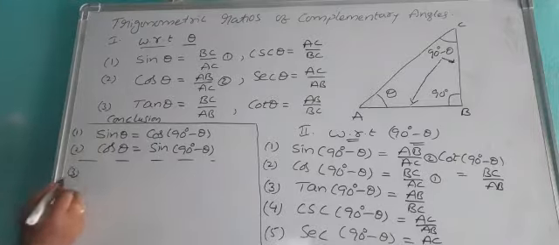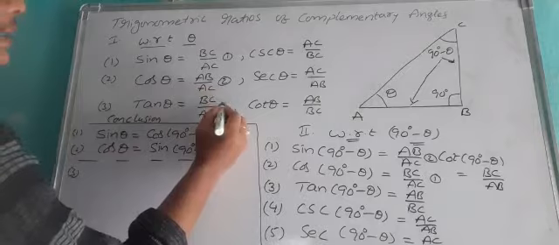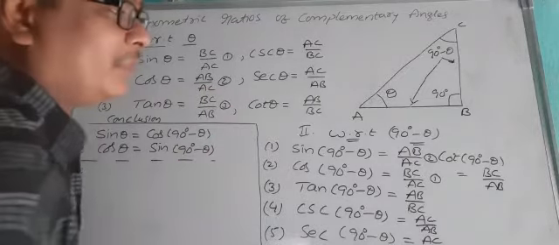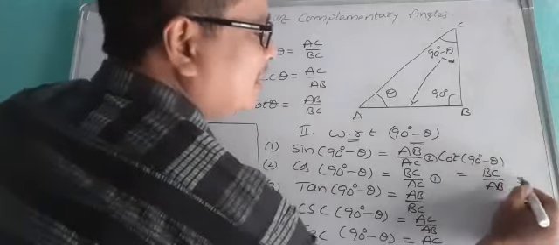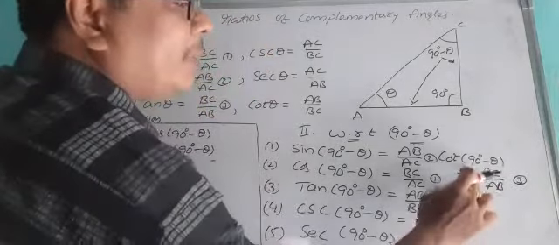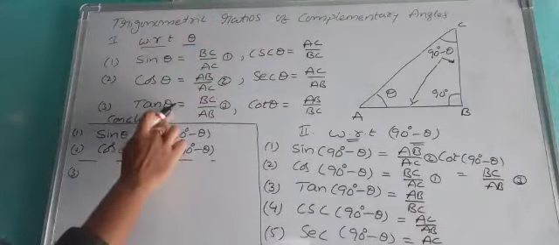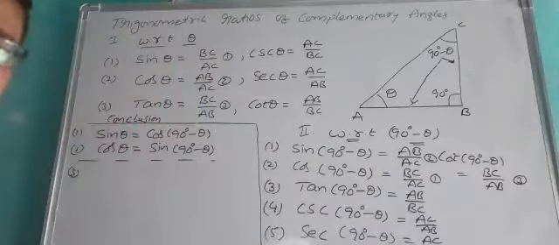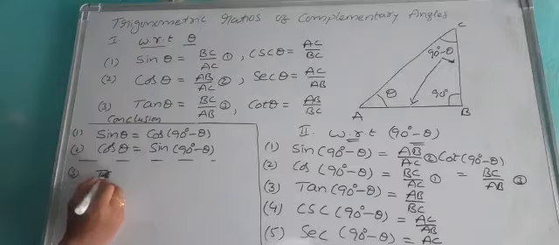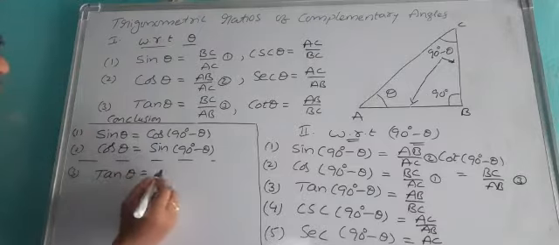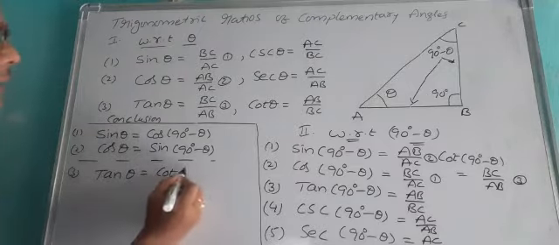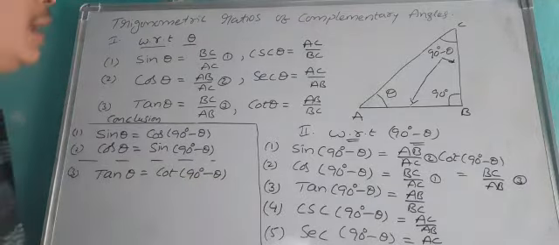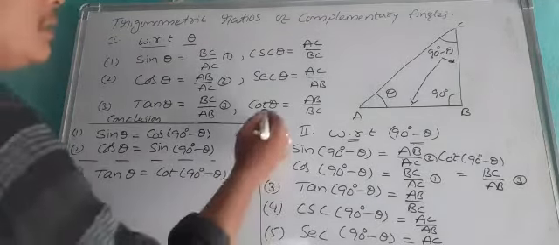And the third one. Tan theta equals BC by AB, and cot 90 minus theta is also BC by AB. So tan theta equals cot 90 minus theta. Now another one is cot theta.